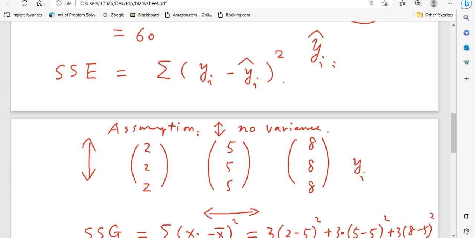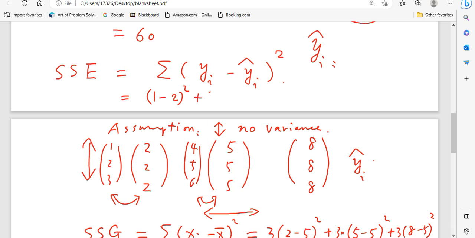Okay. So for SSE, let's say the original data is 1, 2, 3, right? Like here 4, 5, 6, right? So we just check their difference. So SSE is their difference. So SSE equals, let's say, 1 minus 2 squared, right?